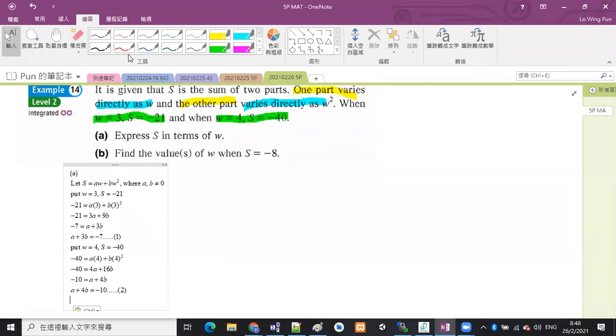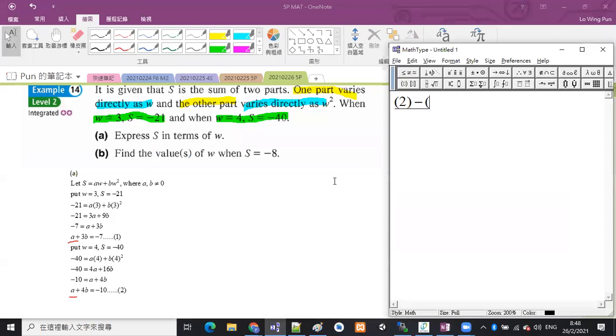So now we have equation 1, equation 2, and we notice that the A terms are exactly the same. So when I do the subtraction on the equations, then we may cancel out the A terms. Okay, so I'm going to use equation 2 minus equation 1. Okay, for the A columns, we have A minus A cancelled.